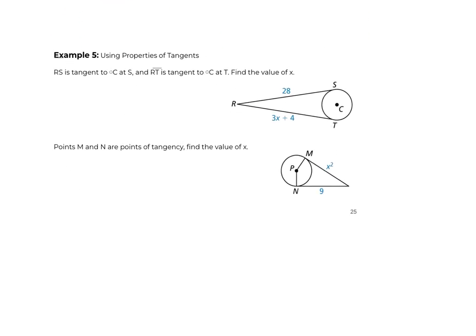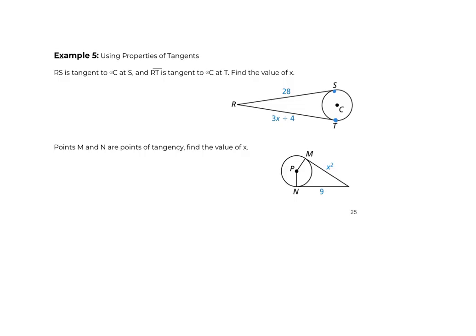Okay, down here, r is on the outside. Pay attention to the directions here. It tells me that RS is tangent at point S, so it's touching the circle at one point. It also tells me that RT is tangent at T. So what that tells me is both of those segments are tangent to the circle.